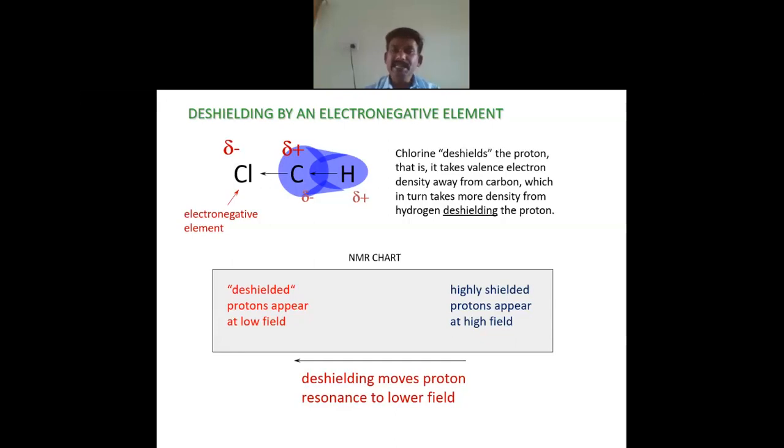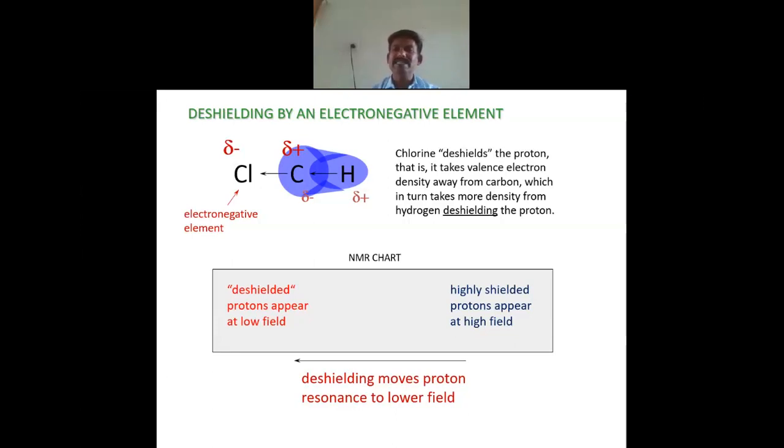Okay, de-shielding by an electronegative element. I already told you, for example, a methyl group: carbon containing 3 hydrogens and 1 chlorine, which is electronegative. It comes to shielding and de-shielding.